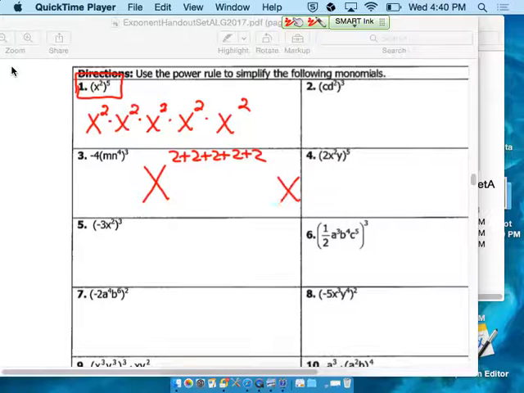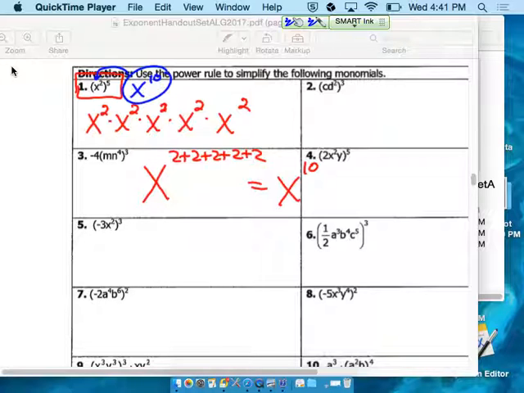And this is going to give me x raised to the power of 10. But I can get there in a much quicker manner if I just simply multiply 2 times 5 and arrive at x raised to the power of 10 by multiplying the exponents together. So what's written in red is why it works, but what's written in blue is the property that you can use.